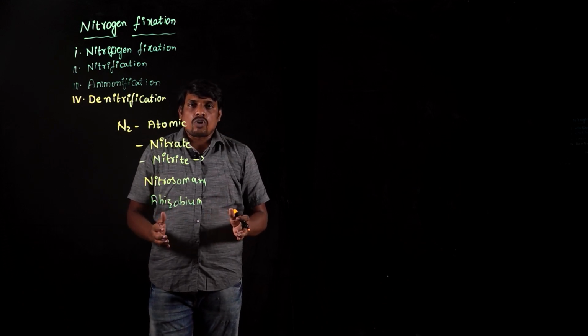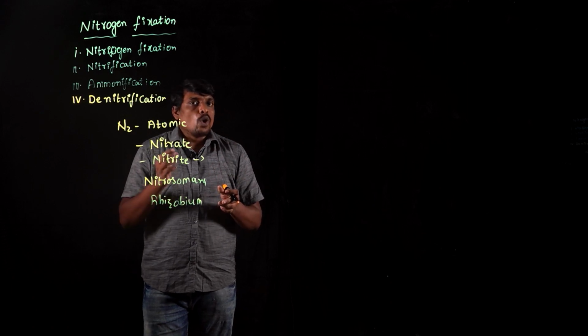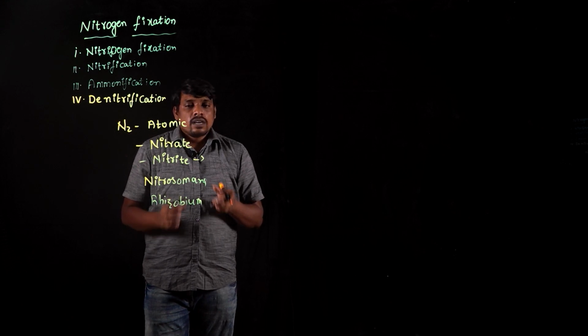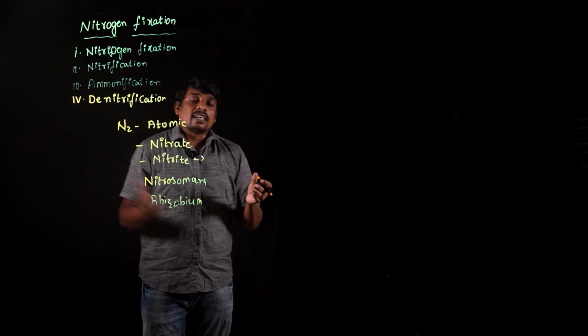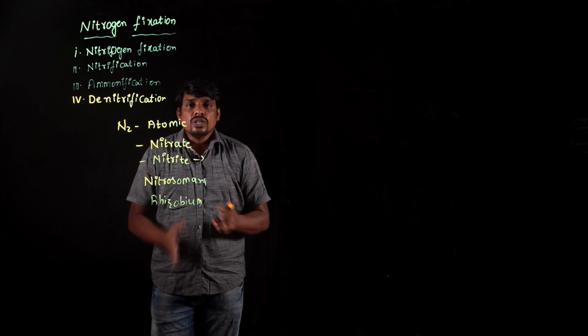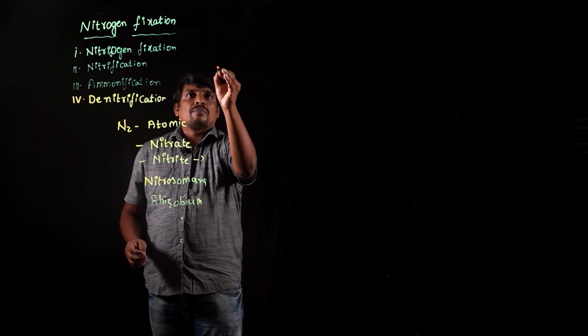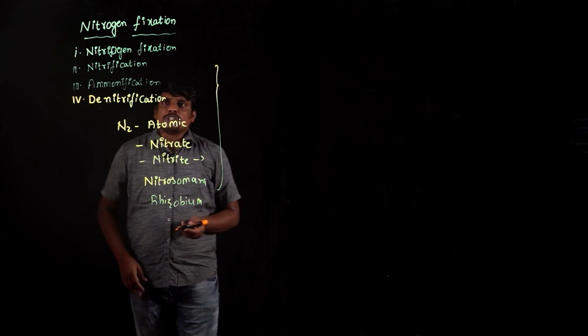In these crops, Rhizobium bacteria live as a host. By living in the root nodules of this plant, they undergo a sequence of reactions with the gaseous form of nitrogen and convert it into the crystal form of nitrogen. So microbes play a key role in the process of nitrogen fixation.